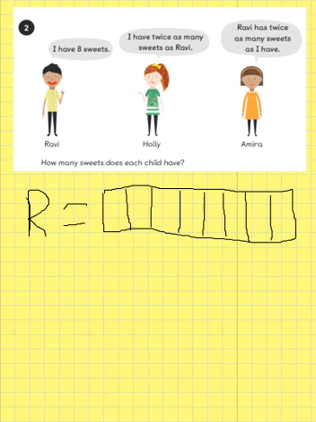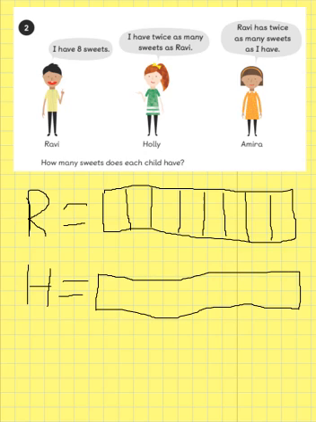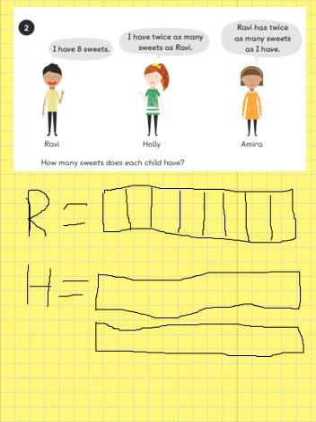Okay, and then it's telling me that Holly has got twice as many sweets as Ravi. So Holly is going to have twice as many. So Holly's going to have that and that again split into 8.